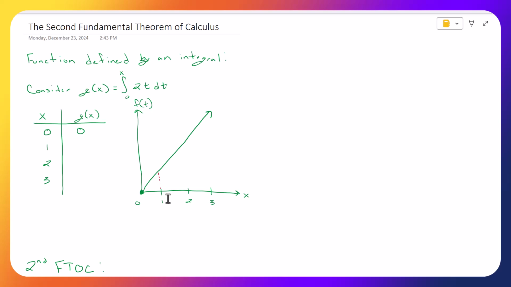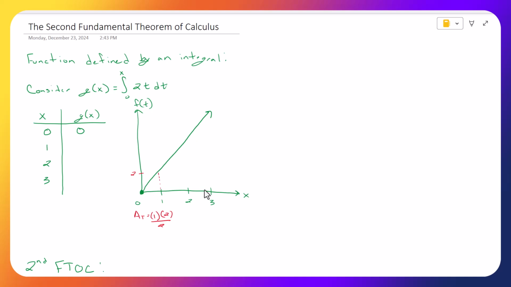Our base is just 1, and our height is going to be 2. If you're wondering where this is coming from, this line right here is just the linear function 2t.